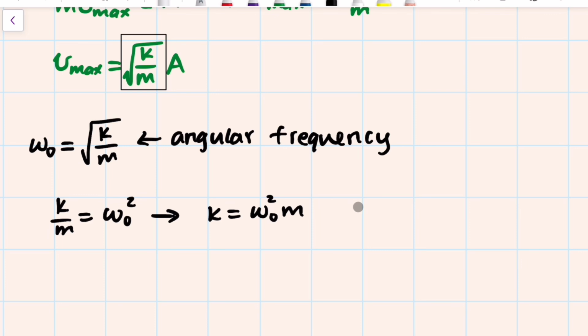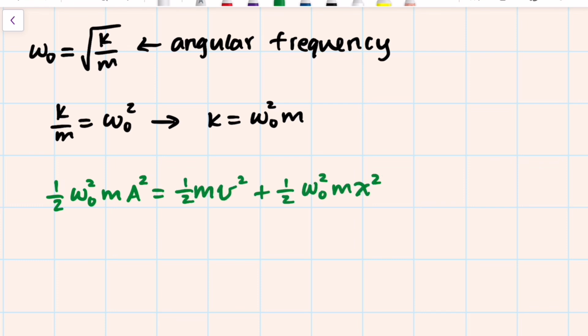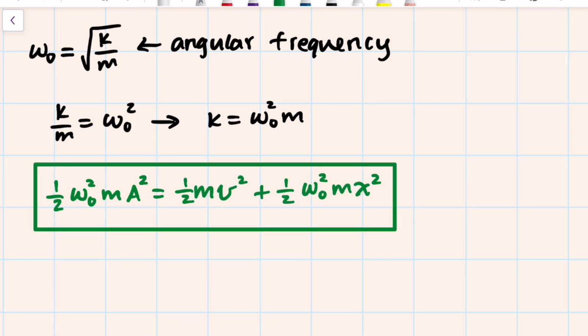So now let's write our energy conservation relationship using angular frequency. Here we have it. Now we have angular frequency on both the left and the right. And I know you can see we're going to be able to cancel the mass, but I'm not going to go into that. We have two more quantities that I want to go over.